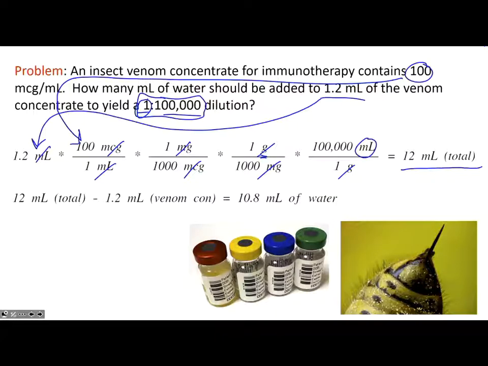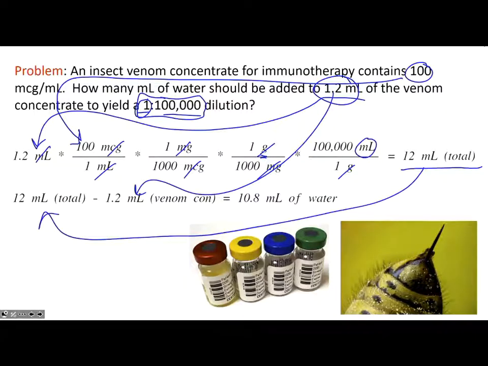All right? Here's the one trick I would say about this question. That's the total volume. So the total weight or amount of the immunotherapy has to be in what total volume? 12 milliliters. The question wants to know how much water to add. So are you going to add 12 milliliters of water? No, because what is the volume of the venom? The venom is 1.2 mils in itself. So the trick you have to remember is that you're going to start with your total here and subtract the amount of the venom, and the remaining is the amount of water.